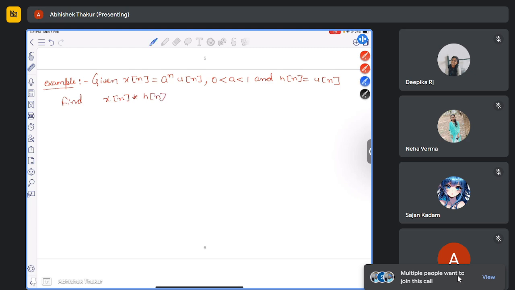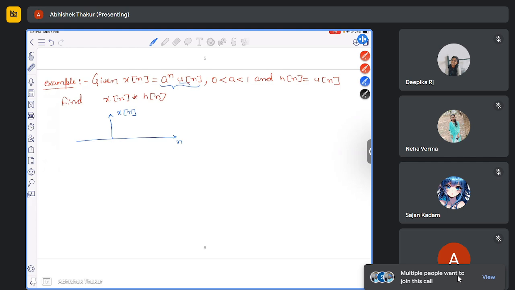So first we will draw the sketch. What does this mean? a^n into u[n].